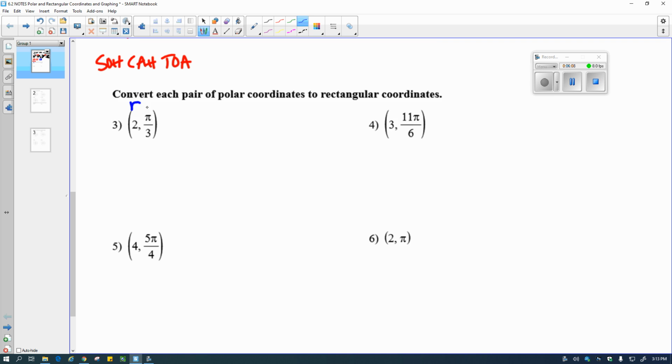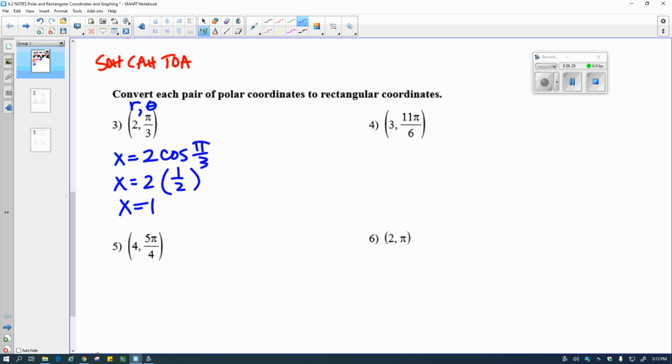My polar coordinates come in r comma theta form, and x is r times the cosine of theta. And so my x is 2 times cosine of pi over 3, which is 1/2. Remember, pi over 3 family, the x coordinate. So x is 1.